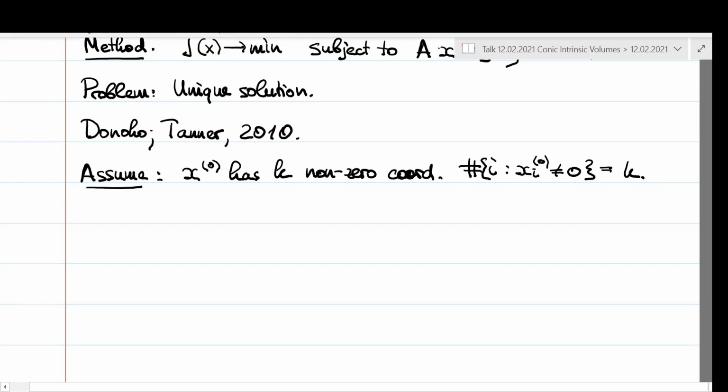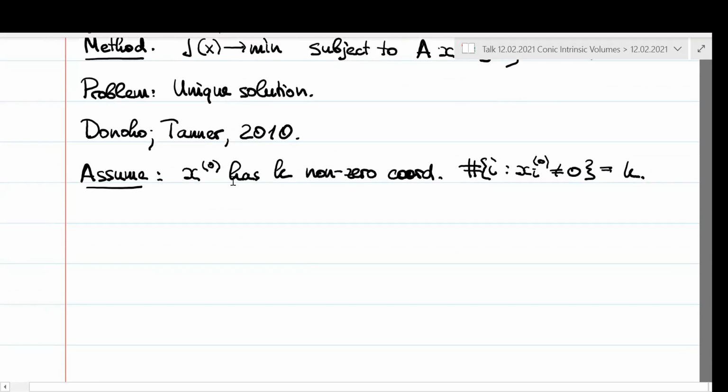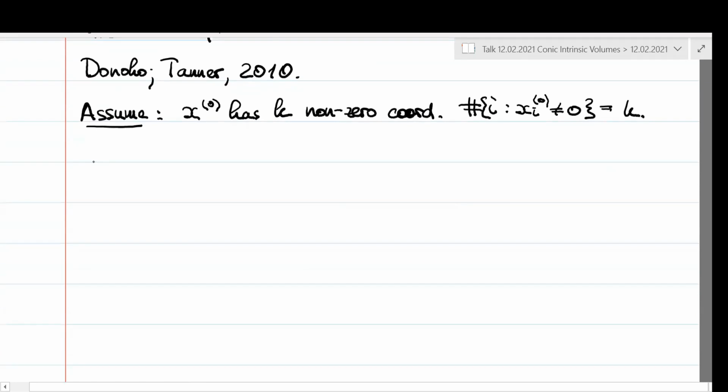Now this means that x0 belongs to a face of the positive orthant. So this is called the positive orthant, and it is a convex cone. This condition means that x0 belongs to the relative interior of the face of this orthant which has dimension k. So more precisely, let us define the following face of Rn plus.